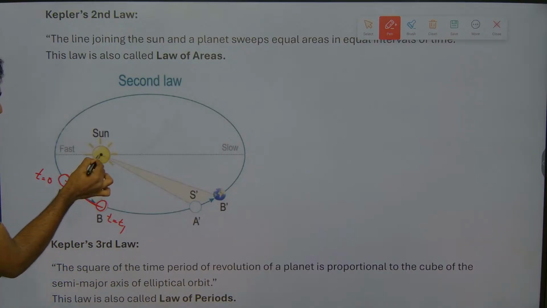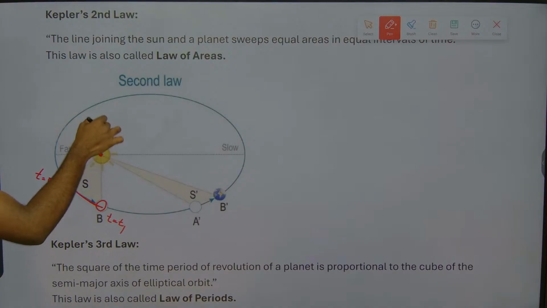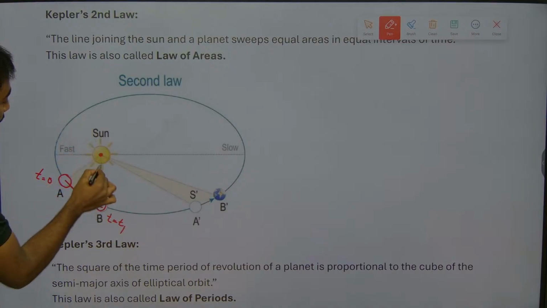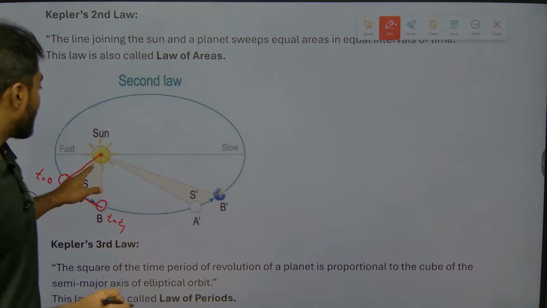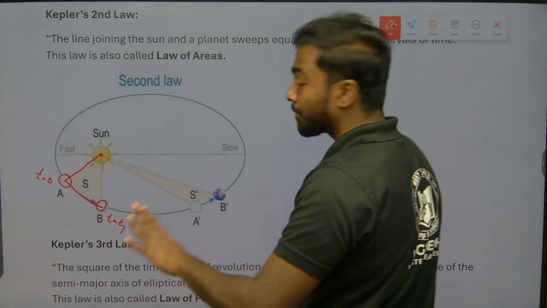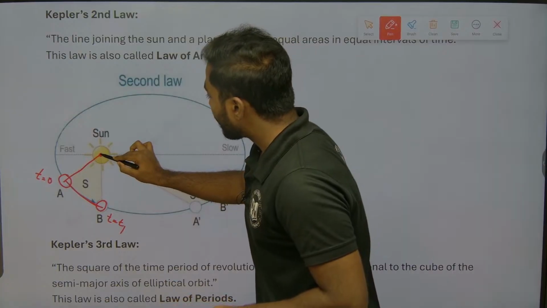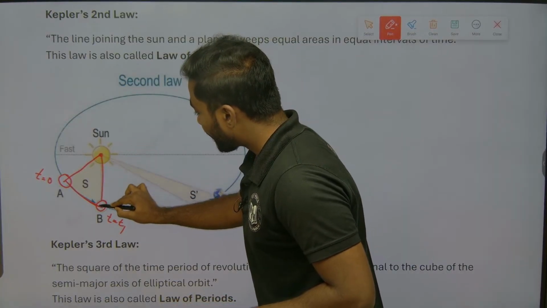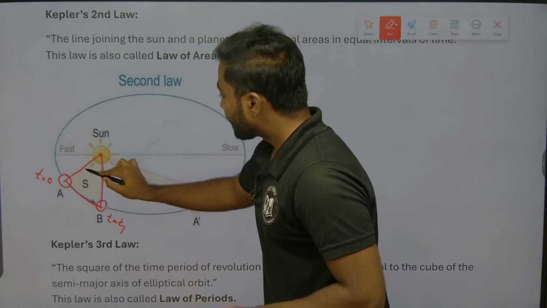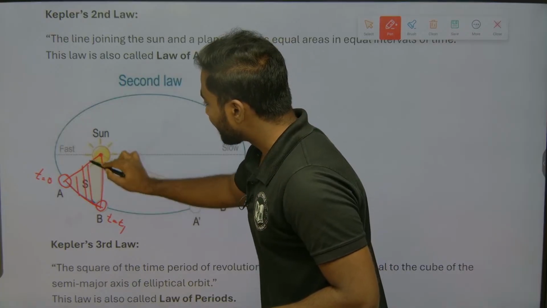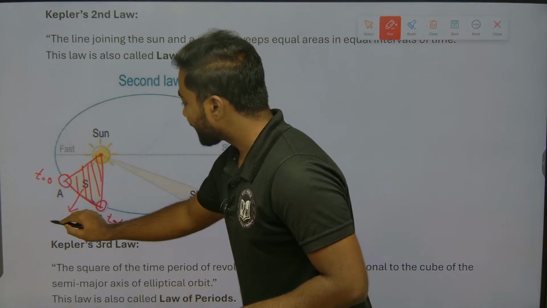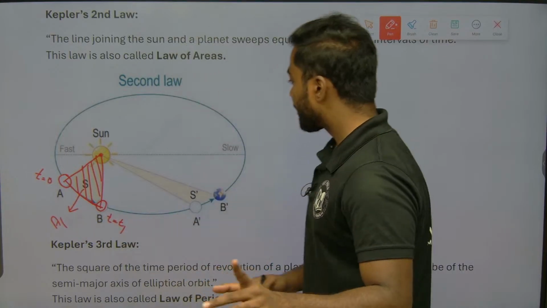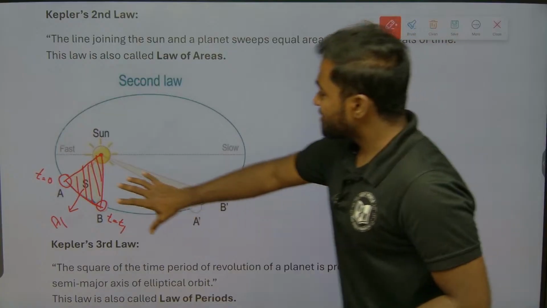When I talk about the sun, which is situated at one focus, from the sun to the point at t = 0 let me take a line. And from the sun to the second point B, I have drawn a line. It has covered some area, and this area we will keep as A1, and this is near to the sun.